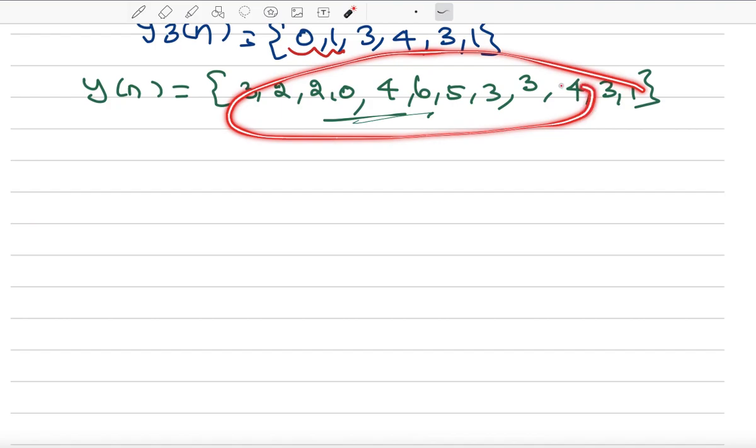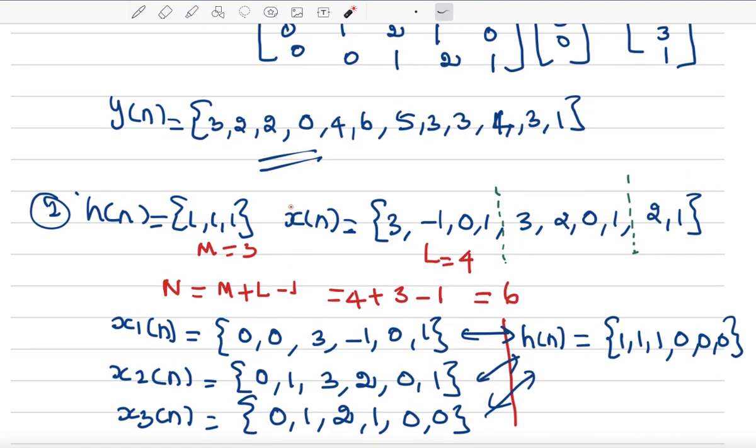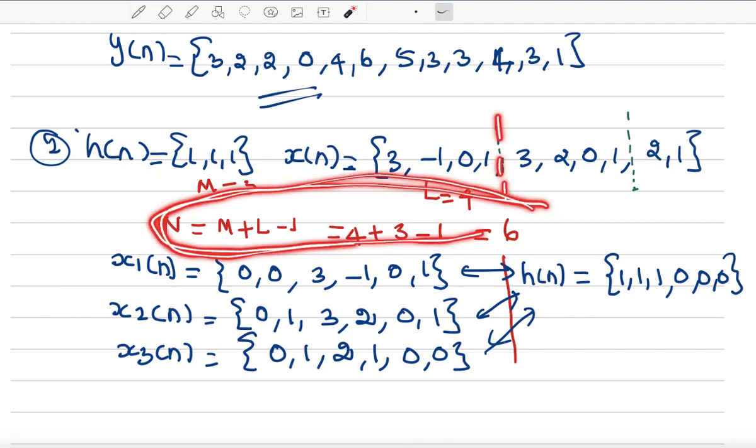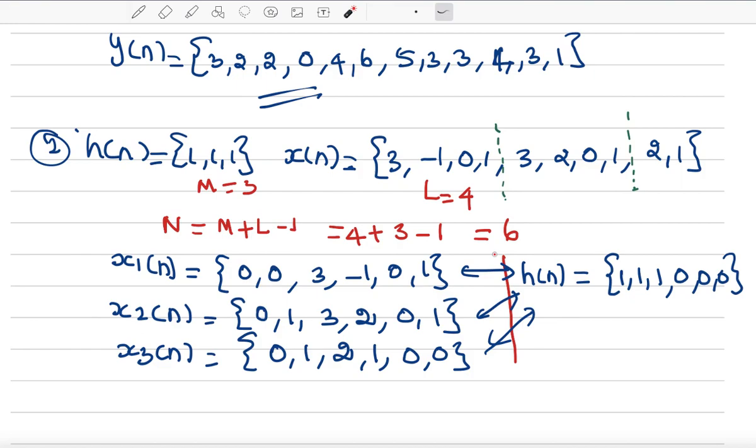So what is changing is the length of the new DFT sequence, depending upon the sub blocks. Okay, so by using this overlap save method we can perform the DFT for a long data sequence very efficiently.